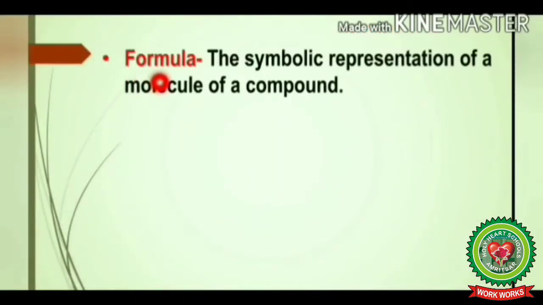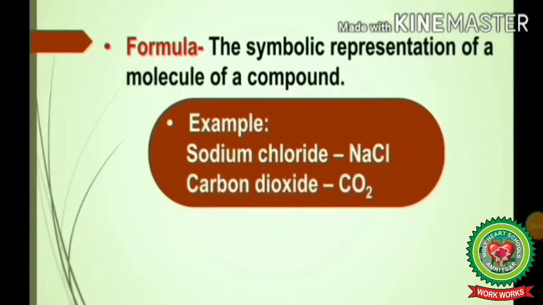What is formula? Formula is defined as the symbolic representation of a molecule of a compound. For example, the formula of sodium chloride is NaCl and the formula of carbon dioxide is CO2.